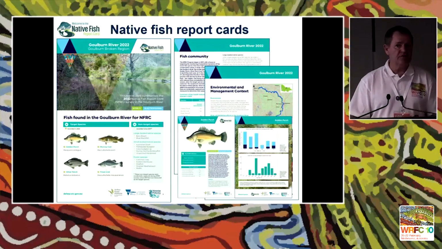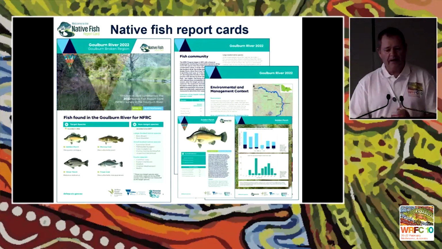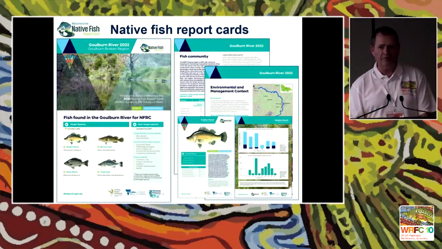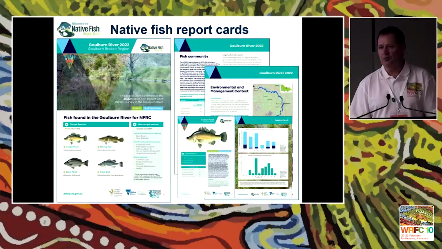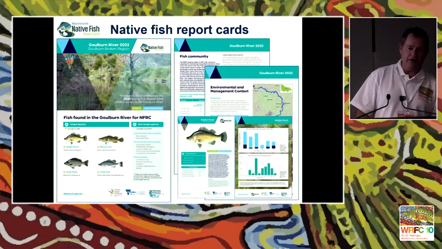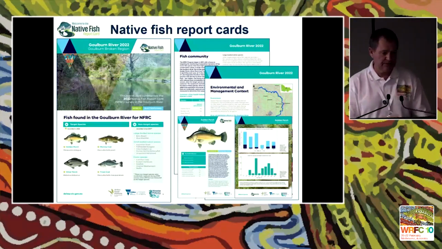There's a little bit of difference from what's being presented on the web page to what goes into the reports. In this case, the reports on the web page is more of a community-based approach. So the fish community, in this case the Goulburn River, whereas we were looking at the species and what that species were doing across multiple river systems.